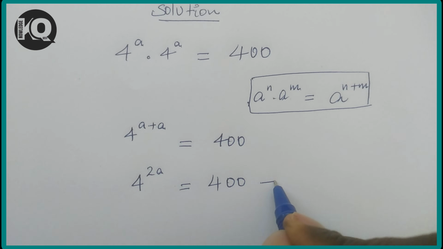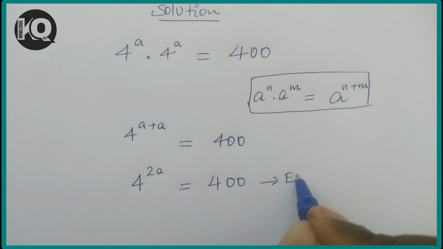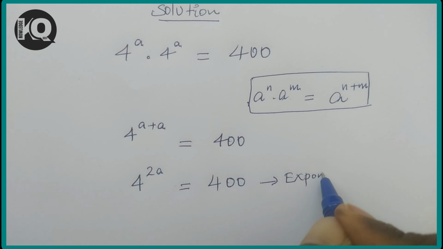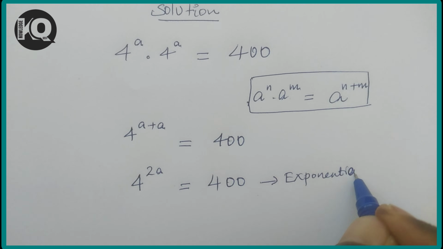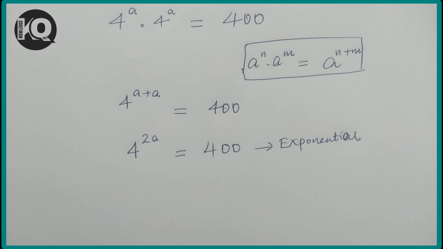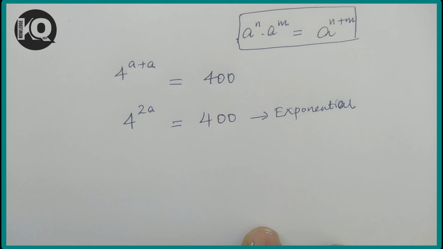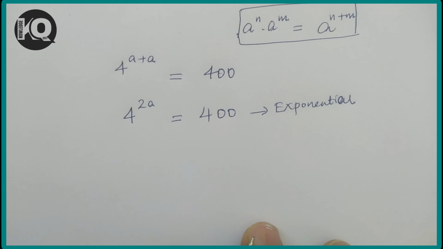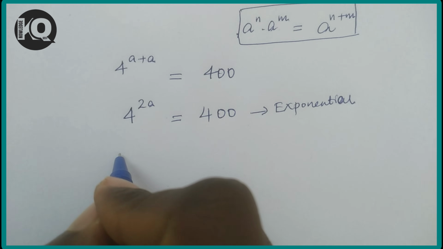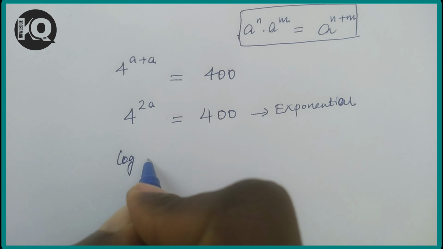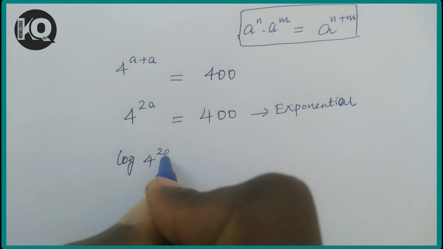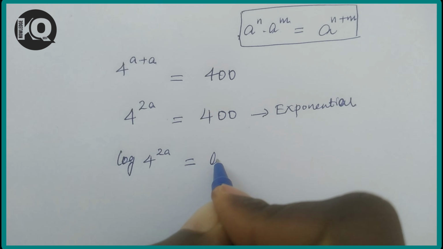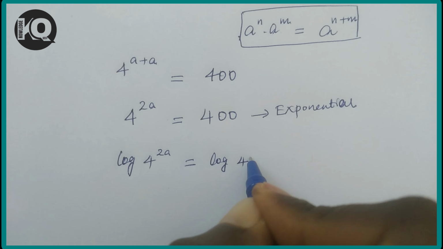So it is an exponential equation. This exponential equation is solved by introducing logarithms. So let's introduce log on both sides of the equation. Log 4 power of 2a is equal to log of 400.